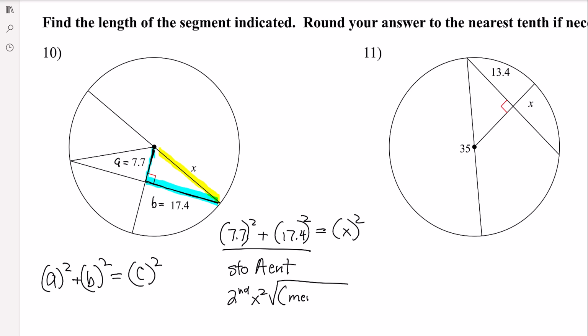Hit the memory button, and the cursor will be on A. Hit enter, parentheses, enter. So I'm going to do that now. I'm going to hit second x squared, and I'm going to hit the memory button. The cursor is already on the A.